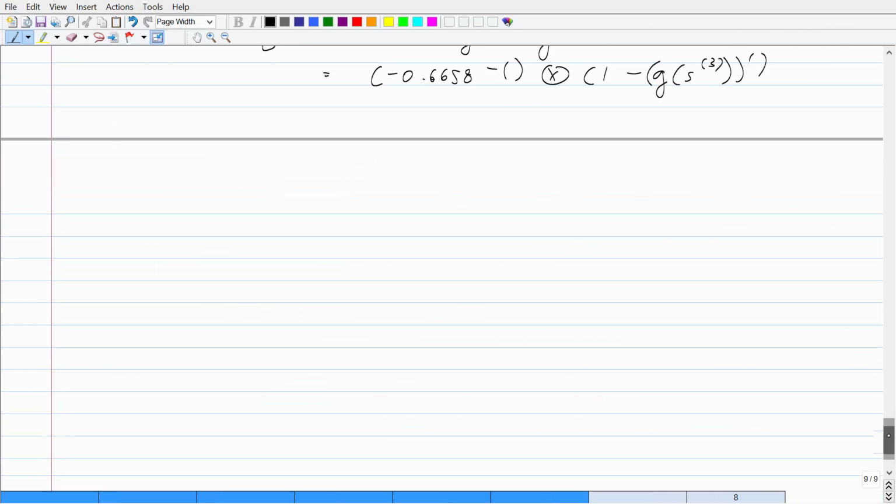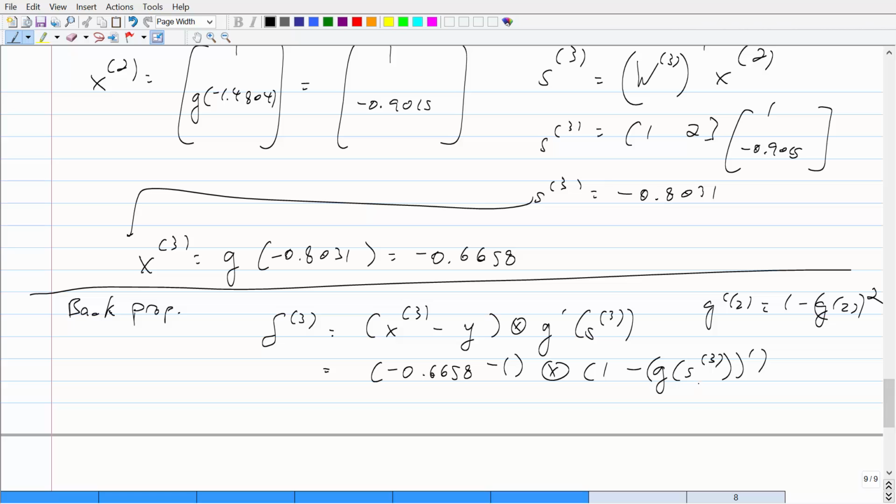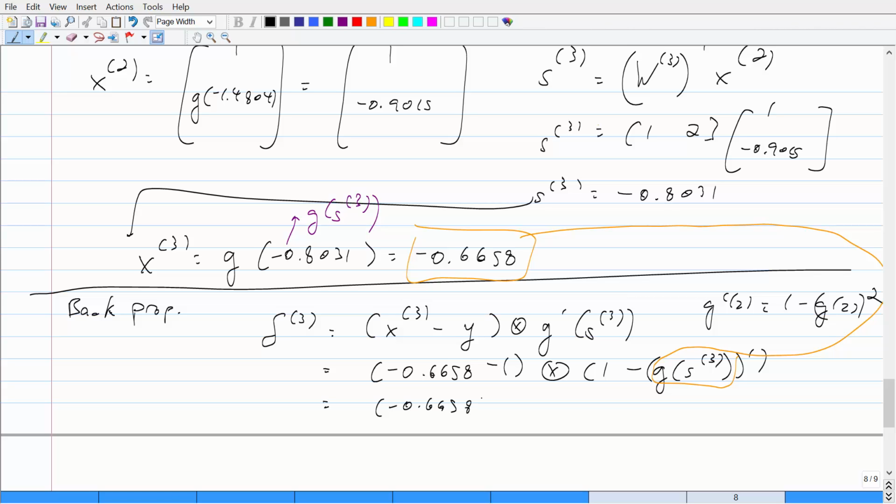If you take a look at what we calculated before, G of S of 3 is actually this guy right over here. So there's no point recomputing it. All you have to do is take this output here and substitute that for this term inside here, because we've already calculated G of S of 3. So you have minus 0.6658.